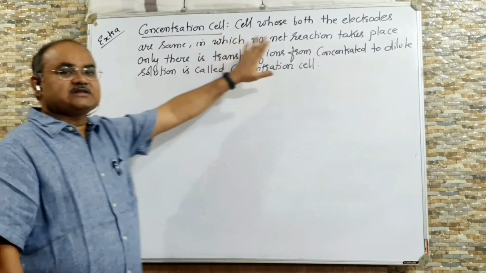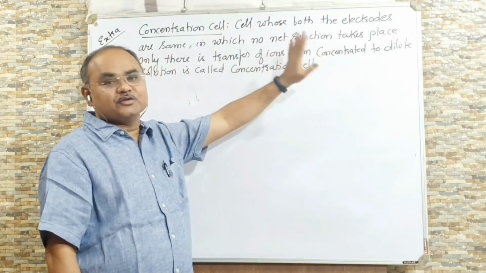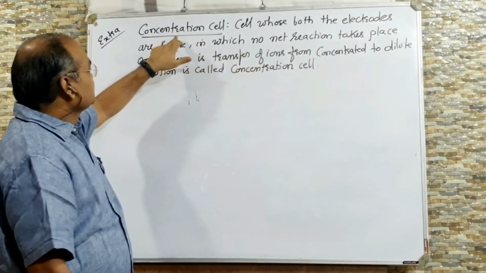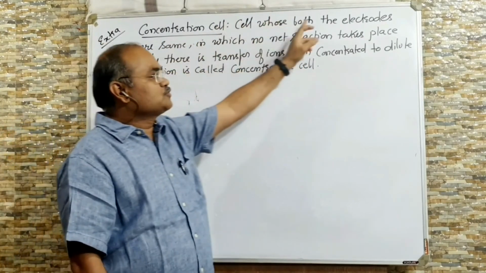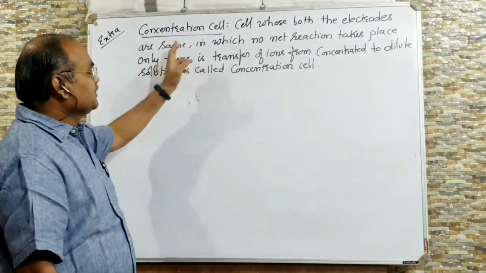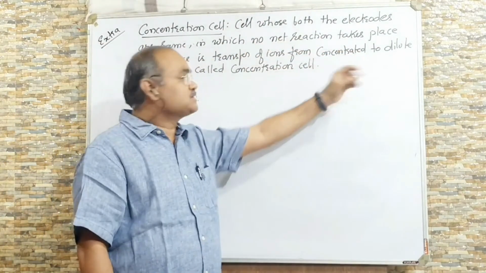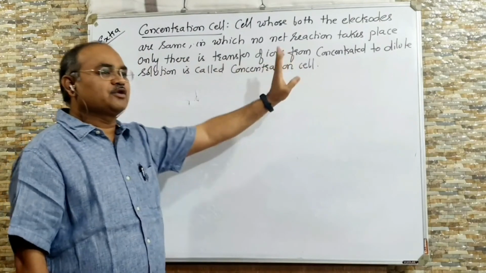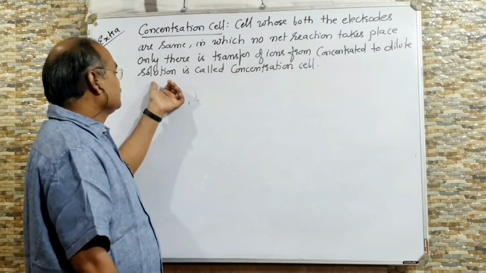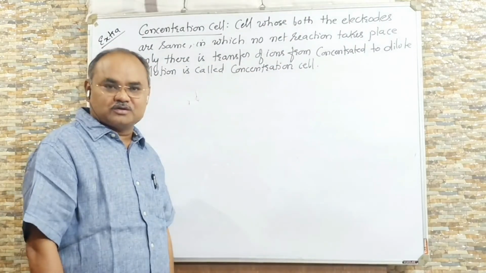See, the definition is not given, but they are asking the numericals based on this topic. So concentration cell: cell whose both the electrodes are same, in which no net reaction takes place. Only there is a transfer of ions from concentrated solution to dilute solution. That is called concentration cell.